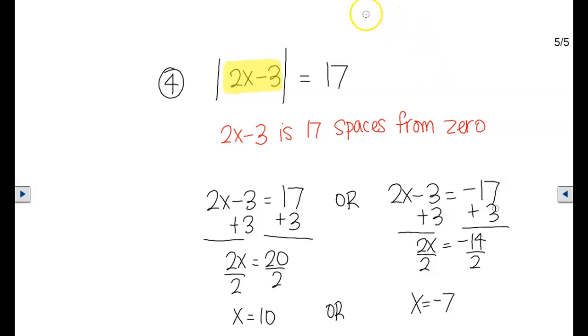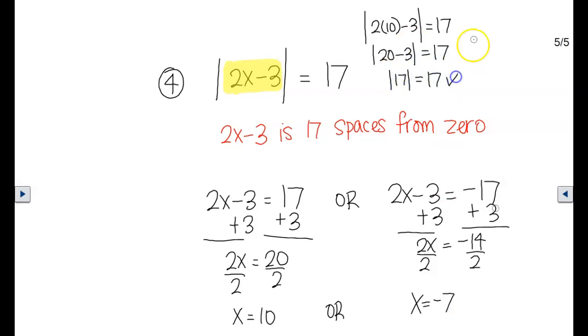So again, let's check that out. I'm going to plug in 10 for x, so that'll make it the absolute value of 2 times 10 minus 3 is equal to 17. I'll work out what's in my group first. So 2 times 10 is 20. So the absolute value of 20 minus 3 is 17. 20 minus 3 is 17. Absolute value of 17 is 17, checks out. Try negative 7.